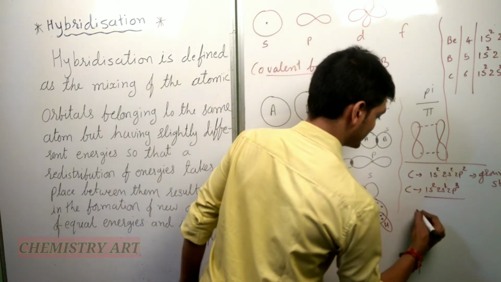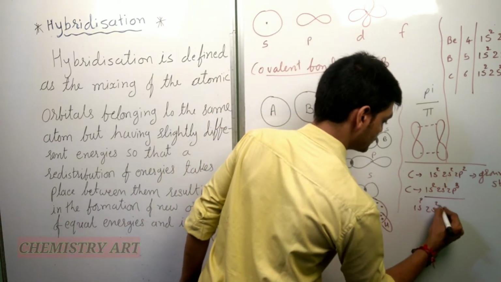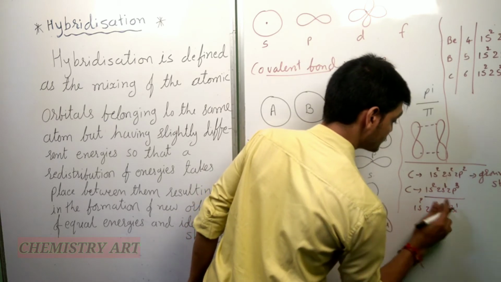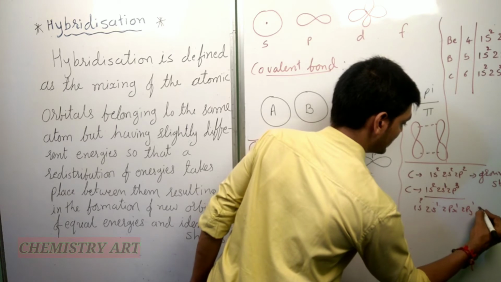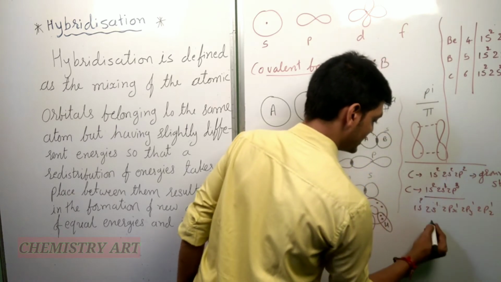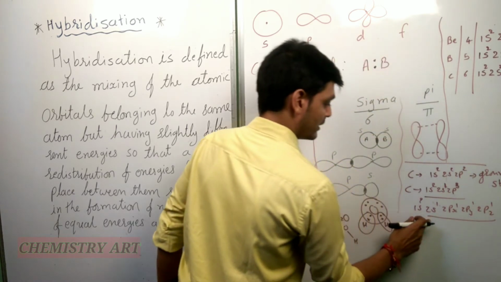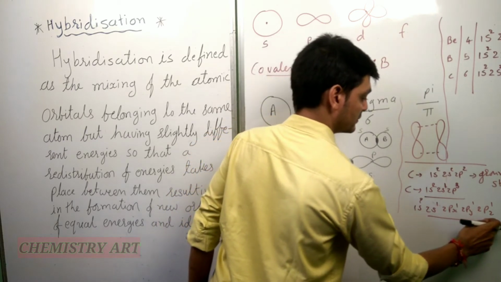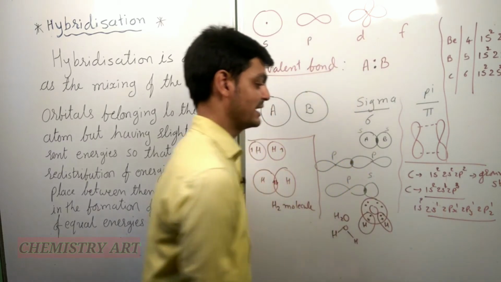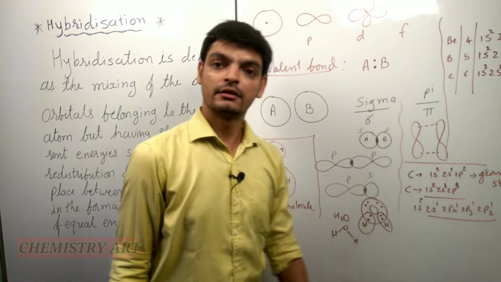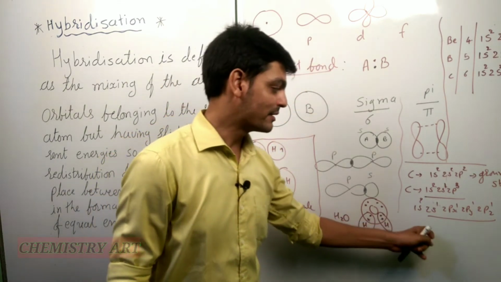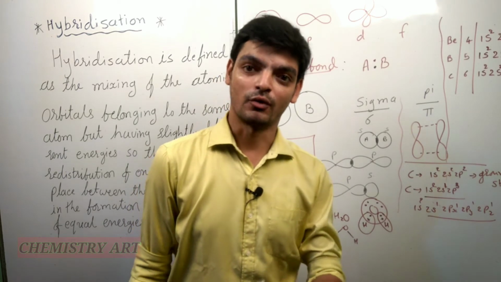We can write it like this: 1s2, 2s1, 2px1, 2py1, and 2pz1. Here you can see that 2s, 2px, 2py and 2pz have 1 electron each. And now carbon has a covalency of 4.